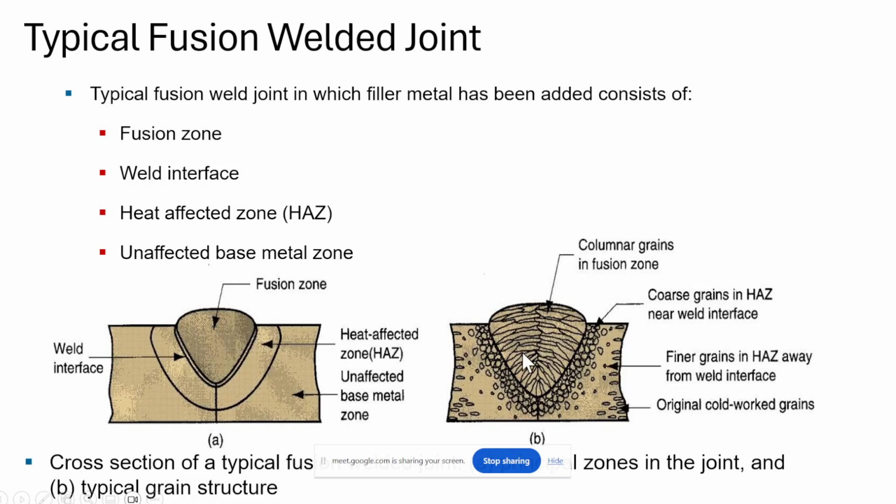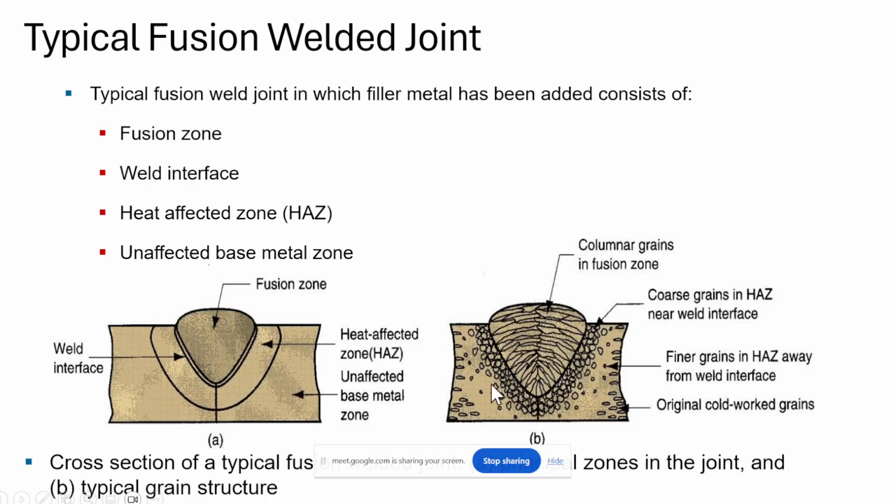Because the material reaches the molten state in a very short amount of time, within a fraction of a second, followed by cooling also in a fraction of a second. Because of the faster cooling, the grains do not have enough time to form as equiaxed grains. That's why they look like columnar grains.